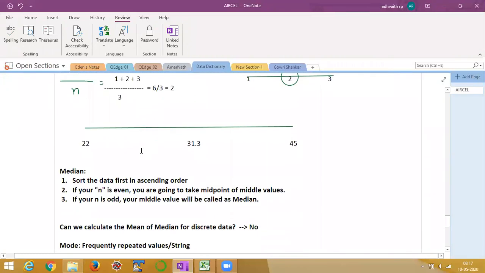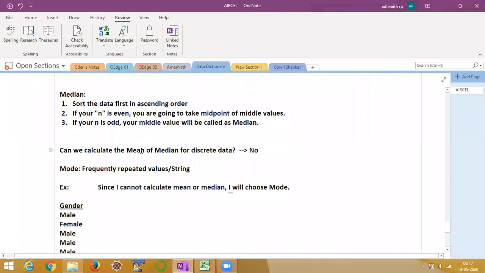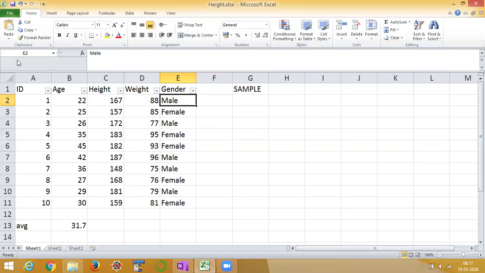This helps us see where my data is lying, what values most of the data is surrounding. In this case, it surrounds 31.7; on height, some other value; on gender, males. Of course, here it is balanced, I think: 1 male, 2 male, 3 male, 4 male, 5 male.